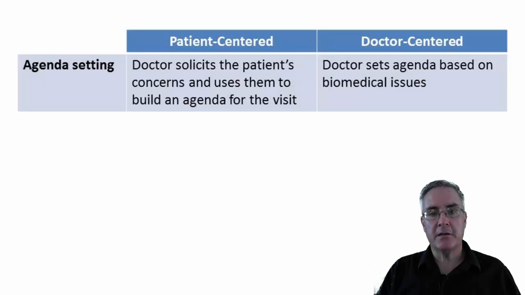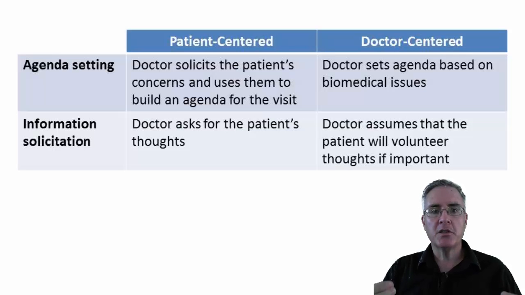A patient-centered doctor first talks to the patient, asks about his or her concerns, worries, and such, and uses that information to build an agenda for the visit. The agenda reflects the patient's perspective on their situation. In contrast, a doctor-centered physician decides on the agenda based primarily on biomedical considerations.